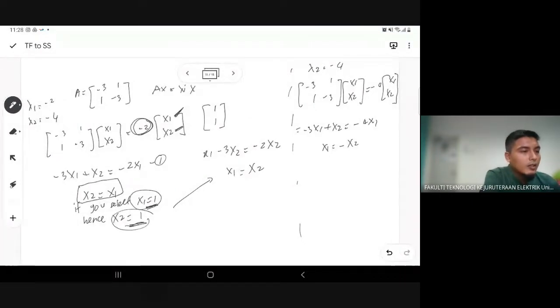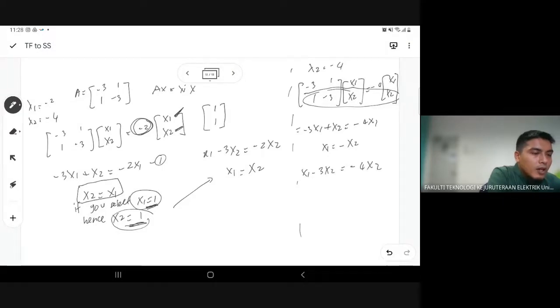That is for the first equation, and then we go to the second equation. We got x1 minus 3 x2 equal to negative 4 x2, and finally you also get x1 equal to negative x2. So in conclusion, you can choose any value.